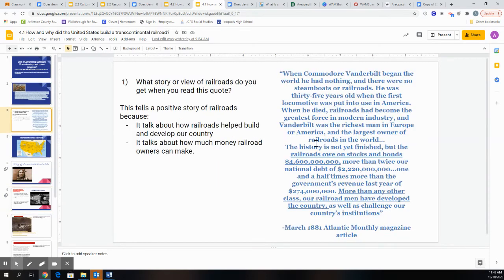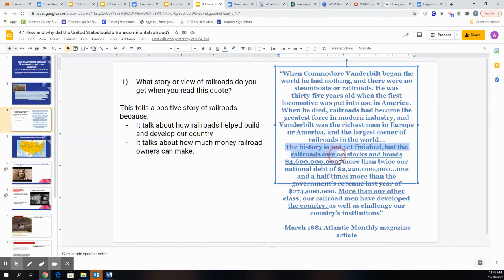right here. This is talking about the amount of money that was being made as the railroads were being grown. And that wasn't just for the rich people; this was creating jobs and things like that. I'm not saying they were the best jobs in the world, but it was giving people paid work.